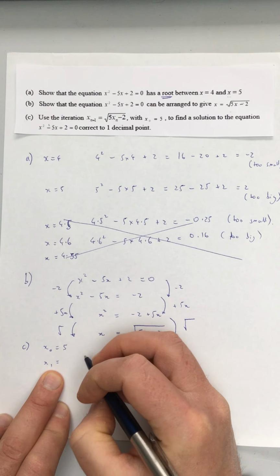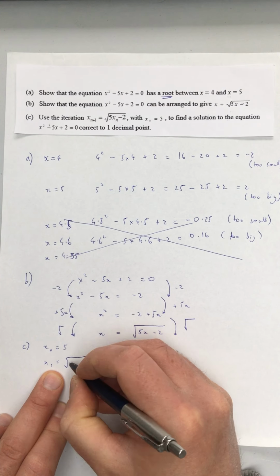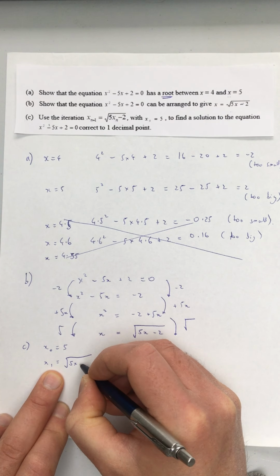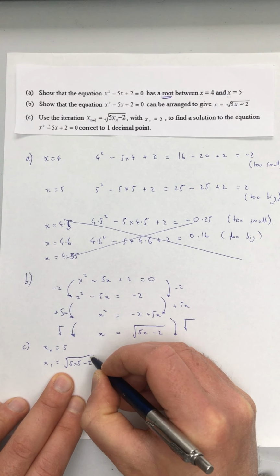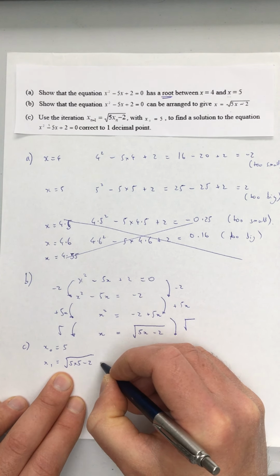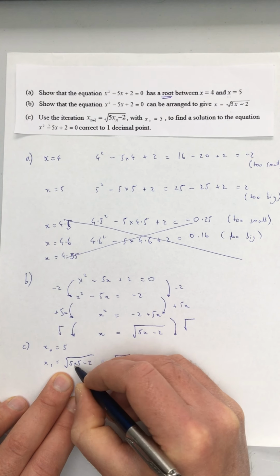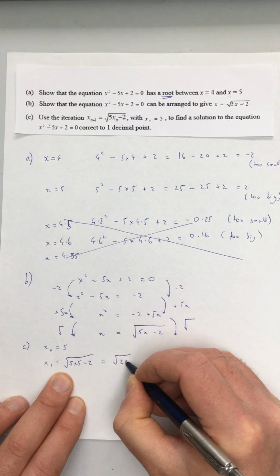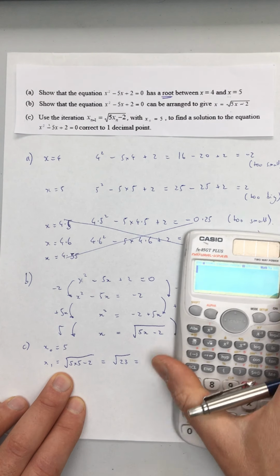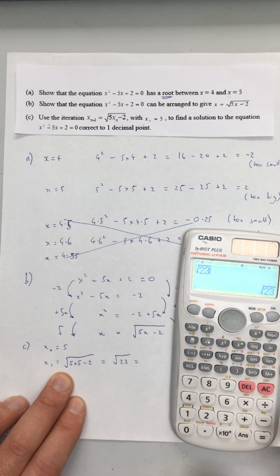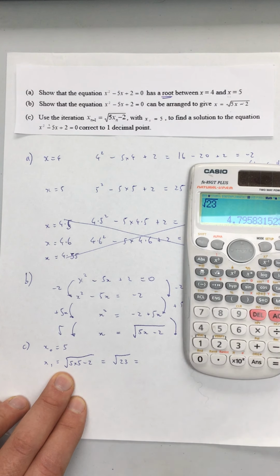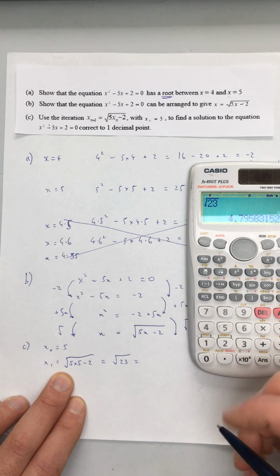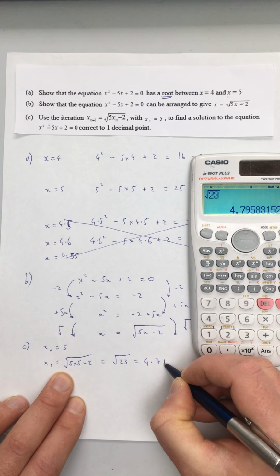Okay, so x1 equals the square root of 5 times 5, which was this term, take away 2. So let's work that out. 5 times 5 is 25, take away 2 is 23, so we're finding the square root of 23. So square root of 23 turns out to be 4.795831523. Okay, I'm going to write down all the digits there.